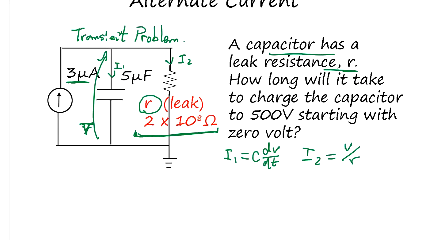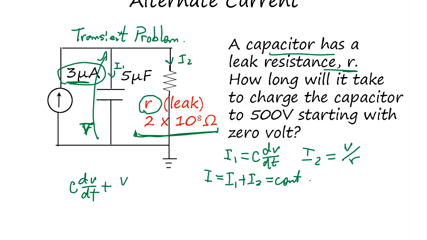Okay, so the total current, which is 3 microamp, is I1 plus I2, which is constant. So we use I as a constant. So C dV/dt plus V over R equals I.